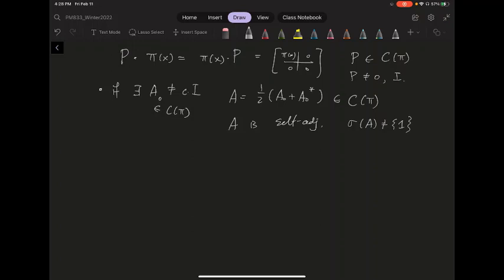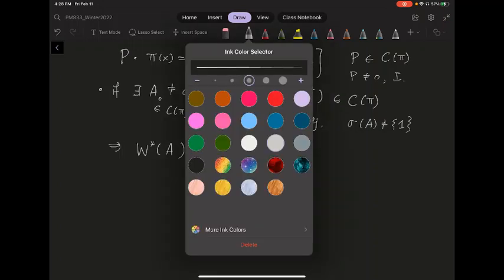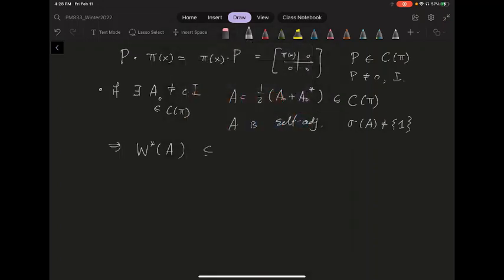So if you take the von Neumann algebra generated by this A, basically the smallest weak operator closed star algebra, that's going to be inside the C of pi, because your C of pi is also a von Neumann algebra.